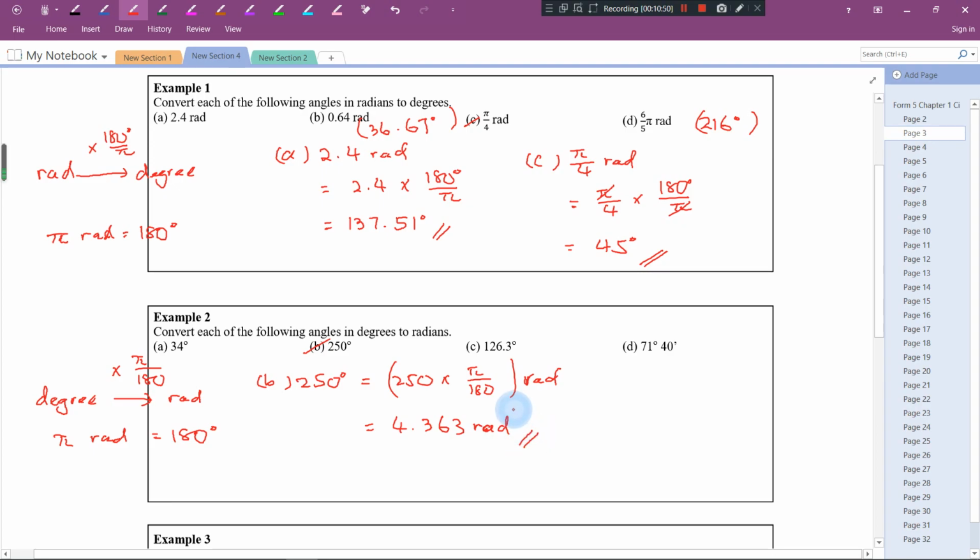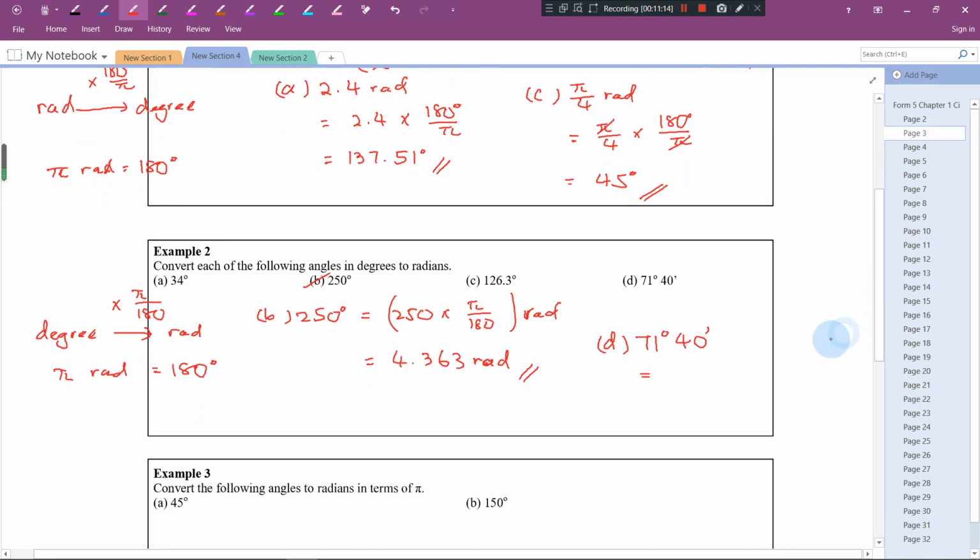Okay, let me show you one more. How about this one. 71 degree 40 minutes. Okay, if you are using a calculator, actually you can just key in your calculator this one, 71 degree 40 minutes times pi over 180. Then you will be able to convert this angle to radian.